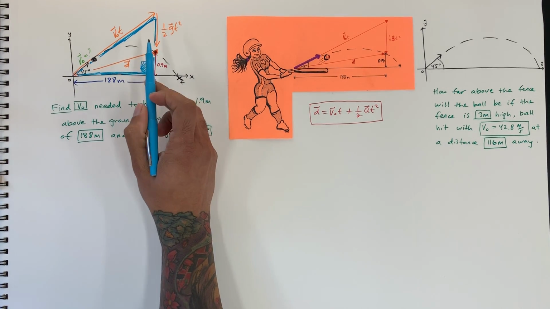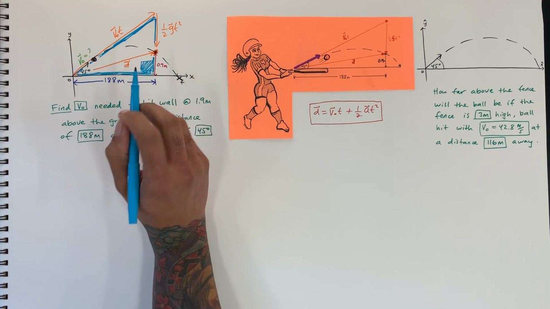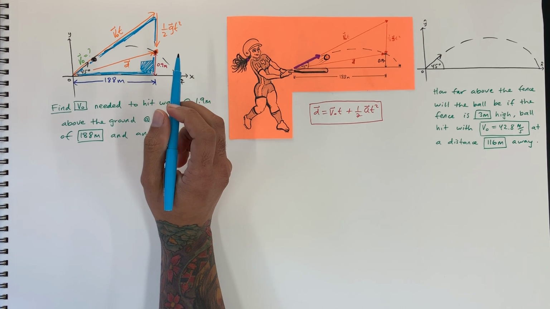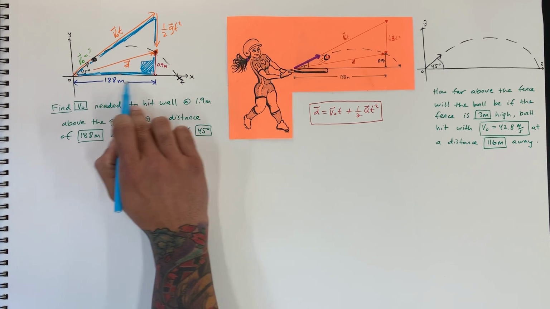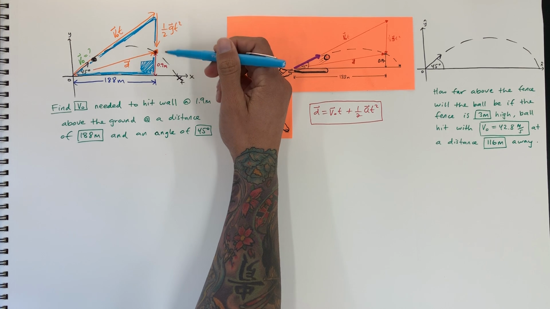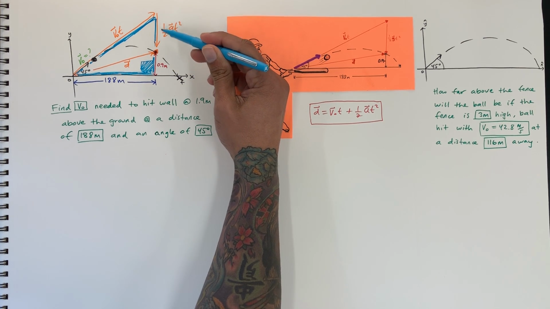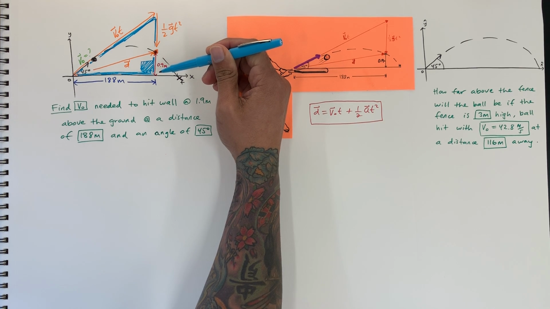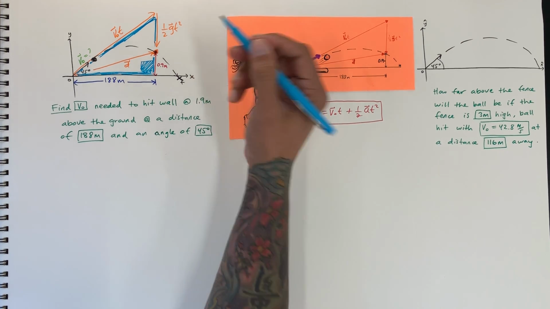Okay, so let's use the trig identities to help us get what we need. We have the x component here, and we know all the values on this side here. I'm sorry, we don't know all the values here. We don't know t. So why don't we do tangent?